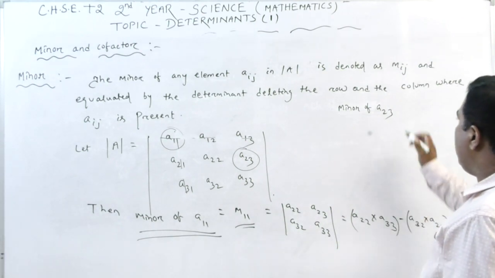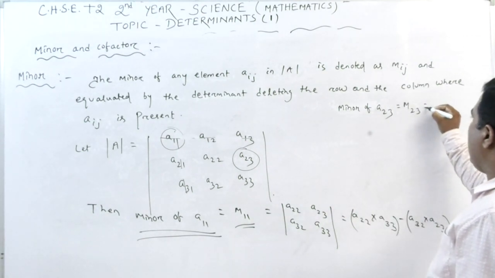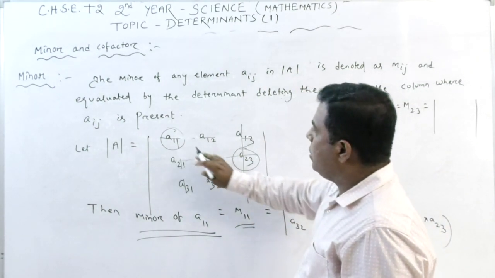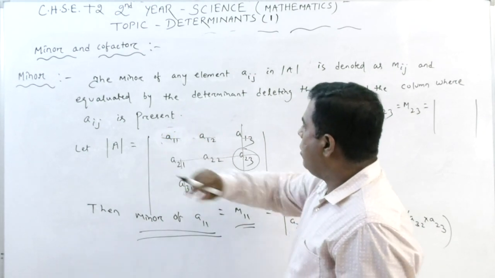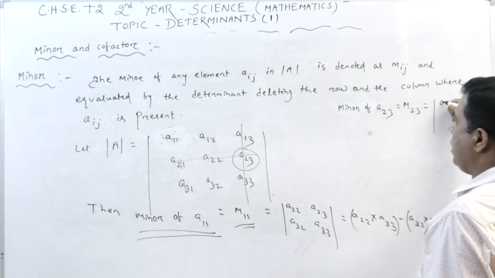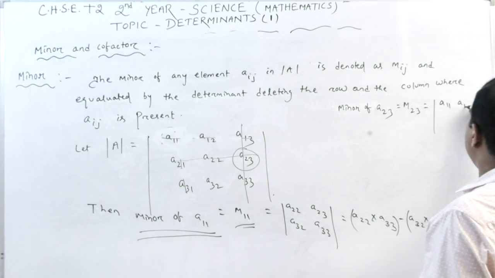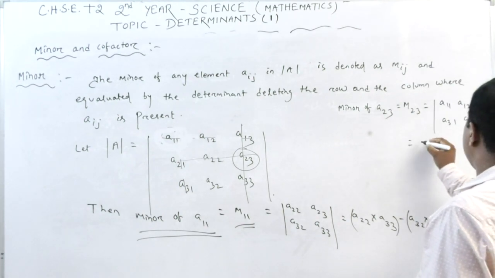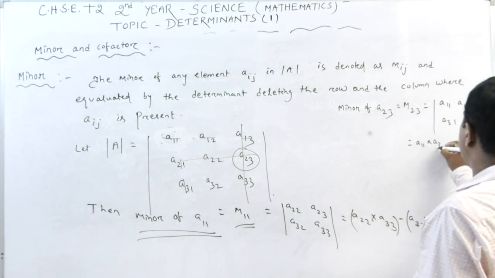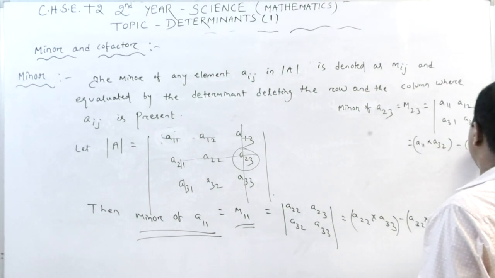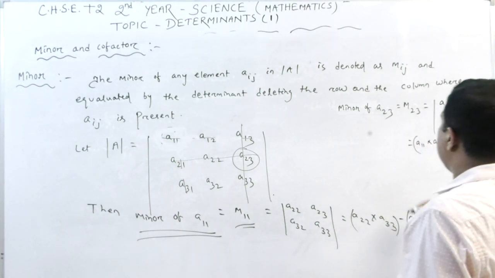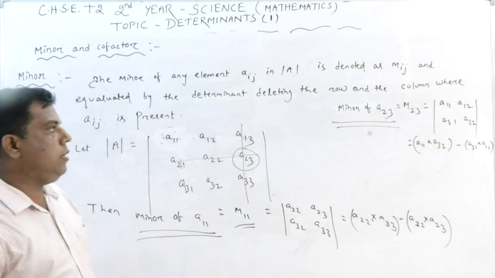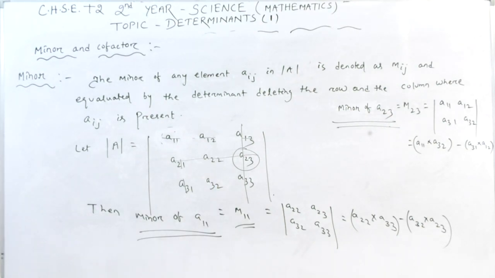The minor of A23 is denoted as M23, found by deleting the row and the column where it is present. So the determinant is A11, A12, A31, A32, and its value A11 multiplied with A32 minus A31 multiplied with A12 is the minor. In this way, we can obtain the minor of the elements.